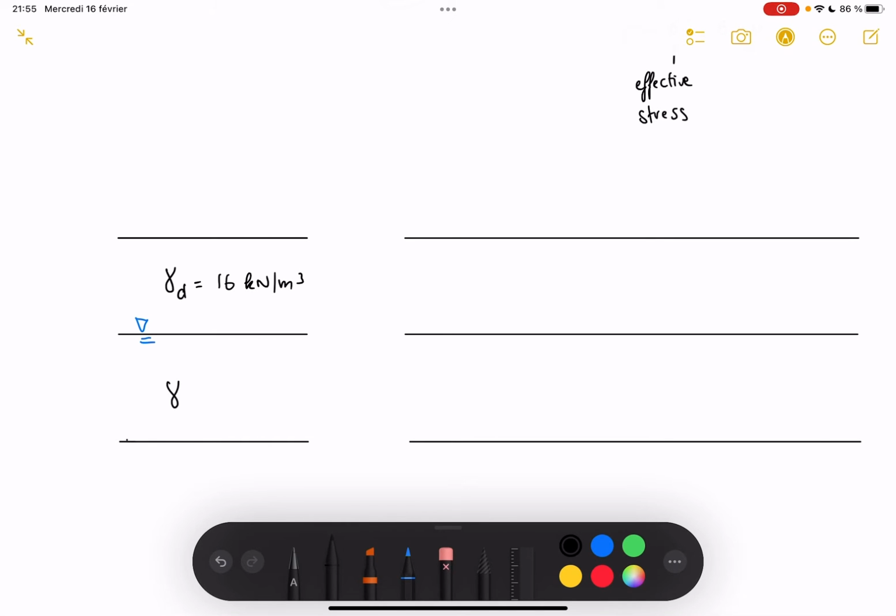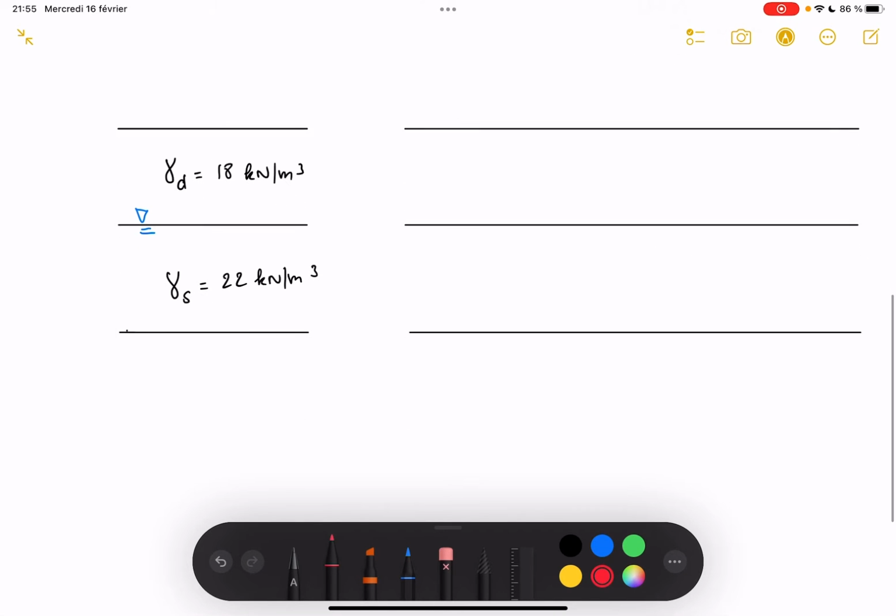And the soil below, which is saturated, gamma S, will have a unit weight of, sorry, I had done examples and done my calculation, so I'll be using 18 here, and let's say here 22 kilonewtons per meter cubed. Okay, cool. Now, we will be wanting to know here what is the effective stress here. That means we're taking this strip here like this.